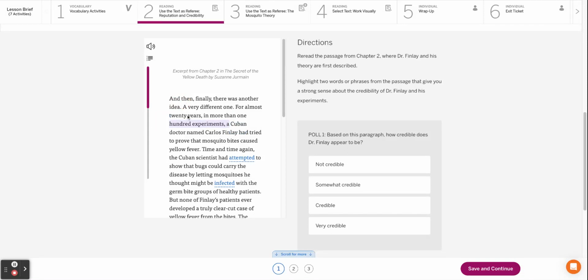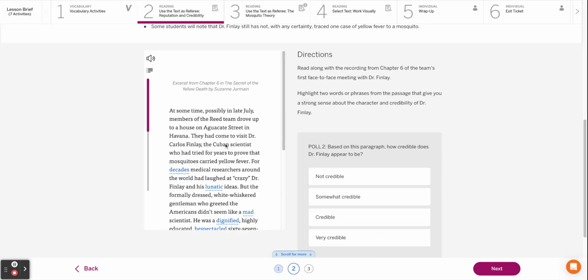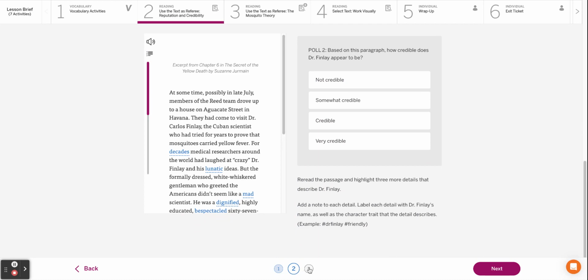Make sure you highlight it and then add a little note that explains why he is or is not credible. Same thing with here. And then make sure you vote.